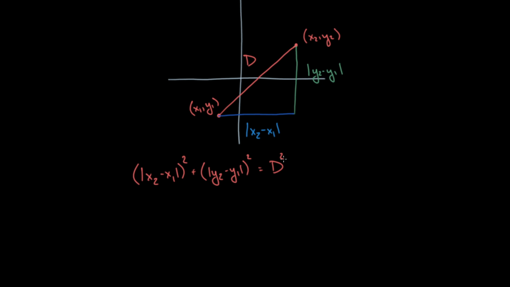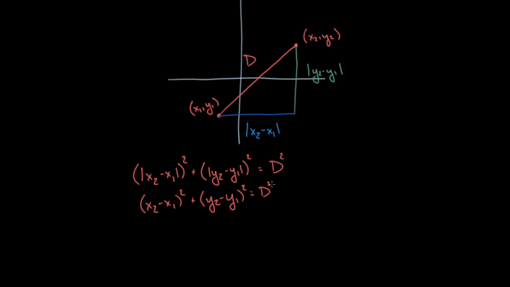Now, what absolute value does is take the positive difference, it makes it positive. And so when I square something, that also makes things positive. So this is kind of redundant. I don't need to have the absolute value here. What I can say is just that this will be equivalent to x2 minus x1 squared plus y2 minus y1 squared will be equal to my distance squared.